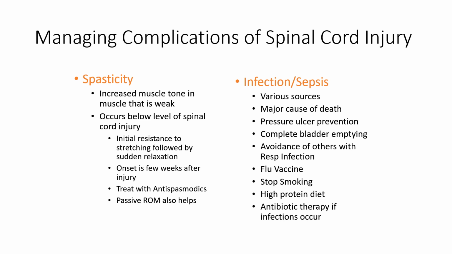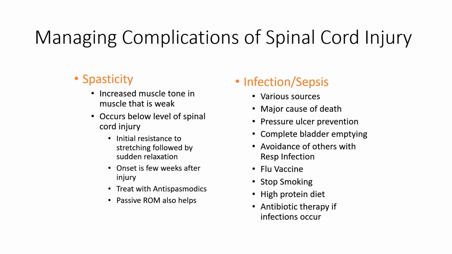Infection and potential for sepsis can come from various sources, lungs, urinary tract, pressure ulcers. So all we can do to prevent these is important. We want to teach them to stay away from other people who are sick because their immune system is compromised.